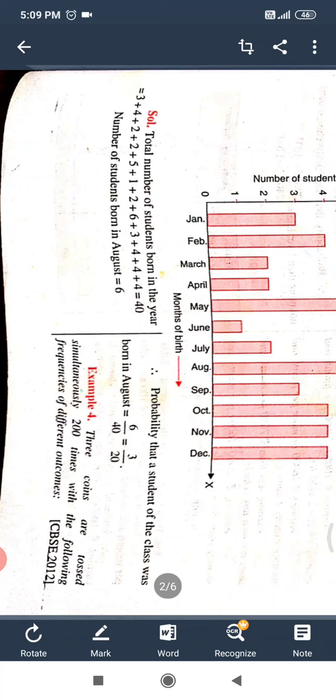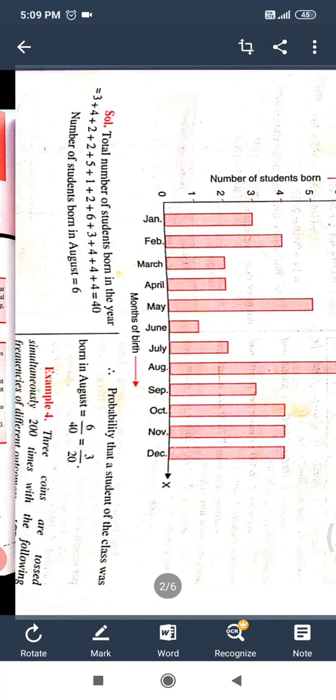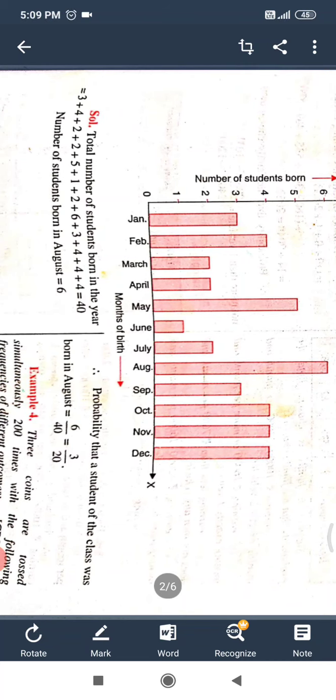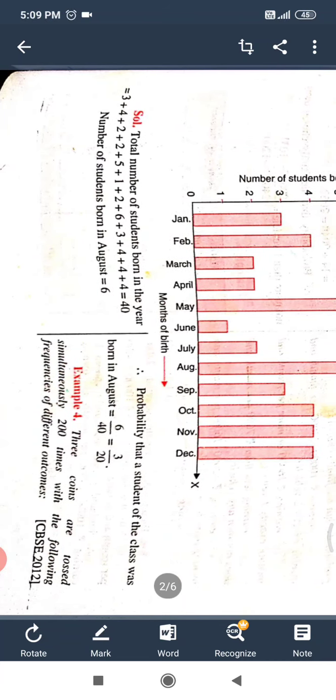Now we have to find the probability that a student of the class was born in August. So it is the number of trials that occur upon the total number of trials. We can see in the graph, the number of students in August is 6, and the total number of students is 40.